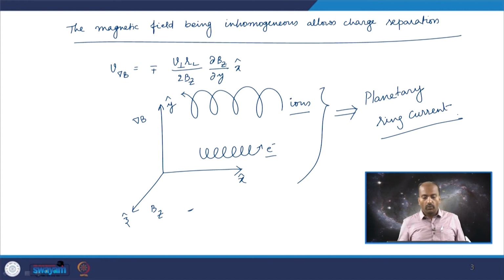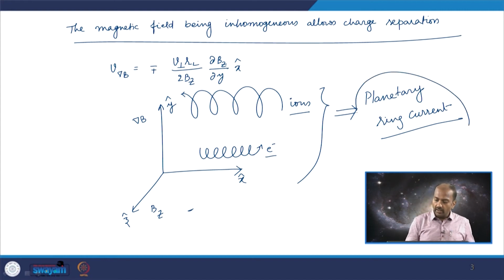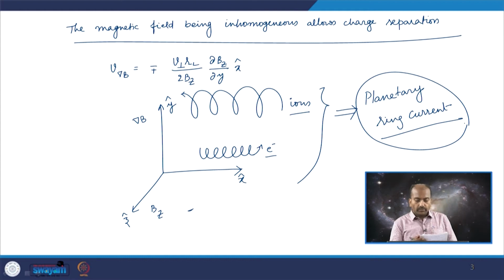Okay, we will see how exactly, and what the importance of this planetary ring current is. This planetary ring current is a very important aspect of space physics. I hope we can make some connection between the gradient drift velocity and the planetary ring current, right.